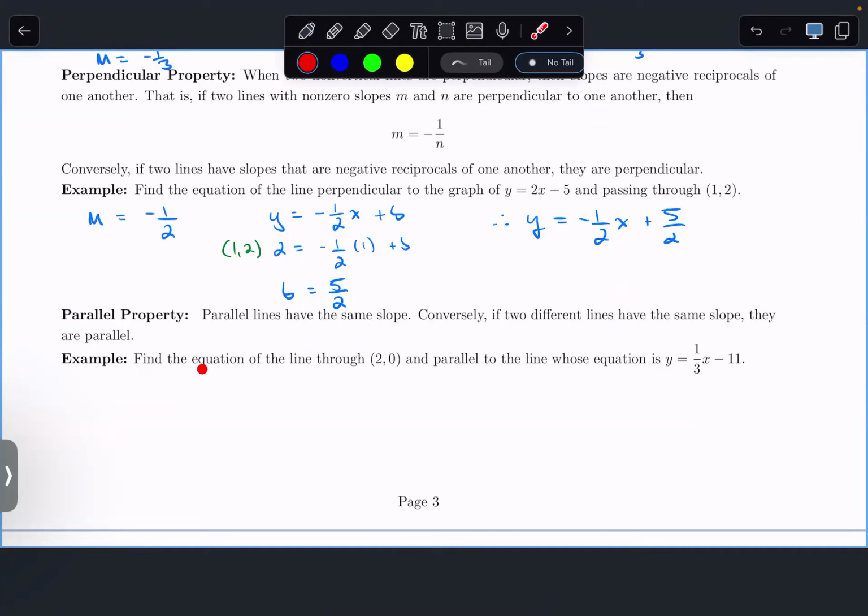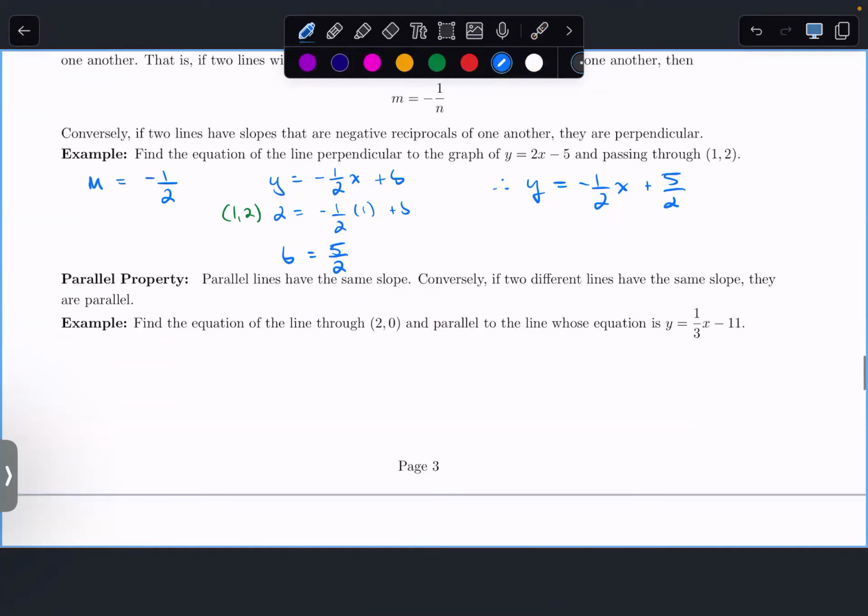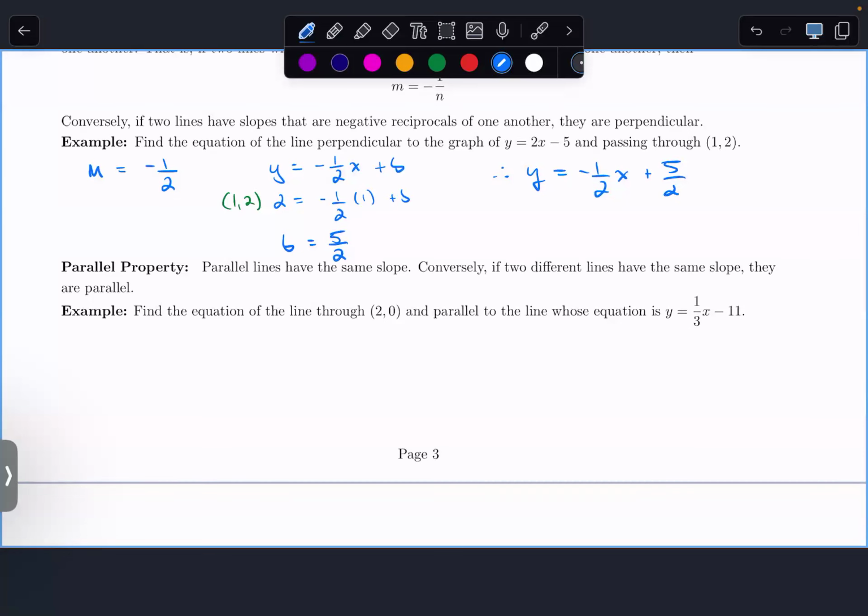We have to find the equation of the line through 2, 0, and parallel to the line y equals 1 over 3x minus 11. Well, then I know m must be 1 over 3, because that's the slope of the original line, so it has to be the same.